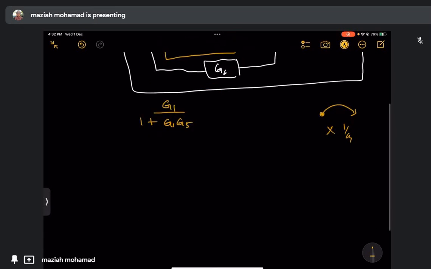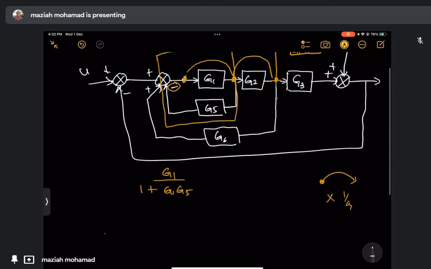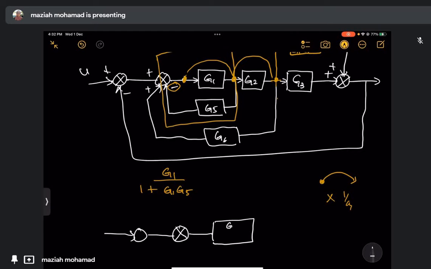Okay, so now let's draw the new one. This summation point still exists because another loop for G6 is still there. So this one here is G1 over 1 plus G1, G5. Right, and then we have G2.